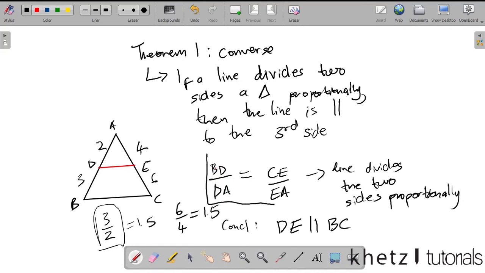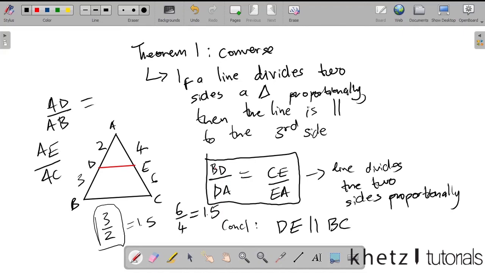Which means this stands in our case, and we have BD divided by DA equals CE divided by EA. You could use any other proportion if you like. Let's start at the top just so this makes sense. You can have AD divided by AB, and AE divided by AC. Let's check that.